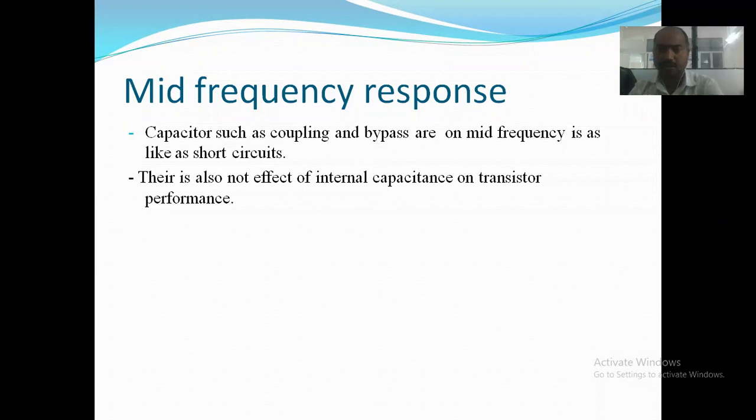Okay, now we have seen that this is the common emitter configuration.